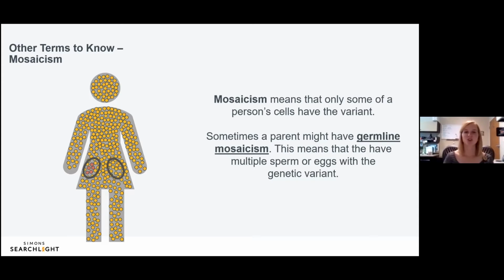Individuals who have germline mosaicism would not show us any medical or developmental differences. But that does mean that multiple of their children may be born with one of these genetic changes, even if they themselves test negative. This is rare. We think this happens less than 1% of the time, but it is something that we have seen before, and so is important to share with our families.